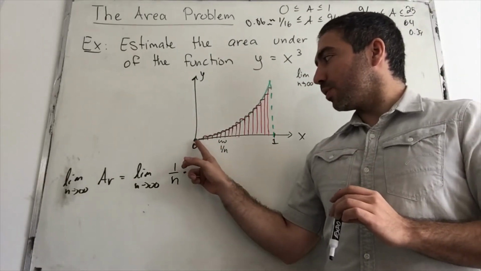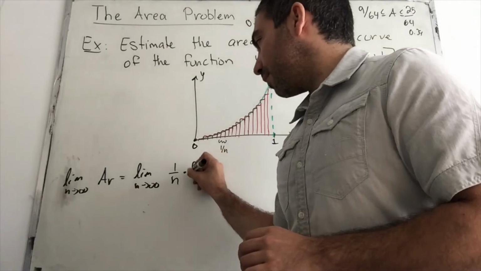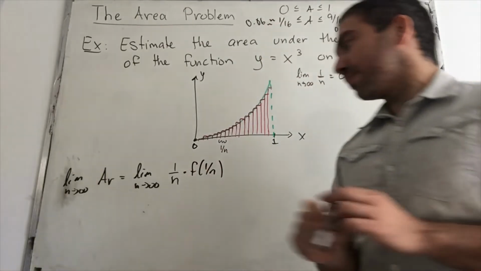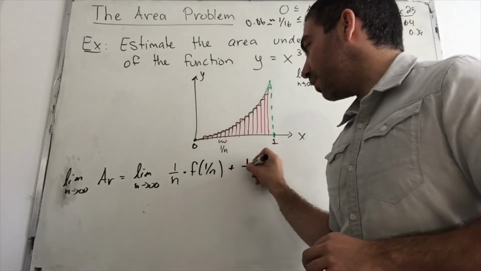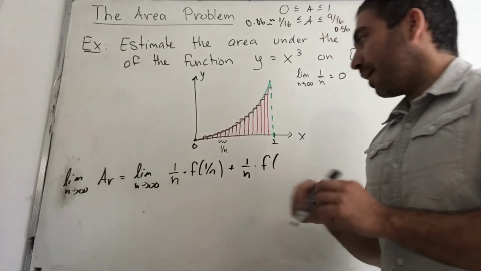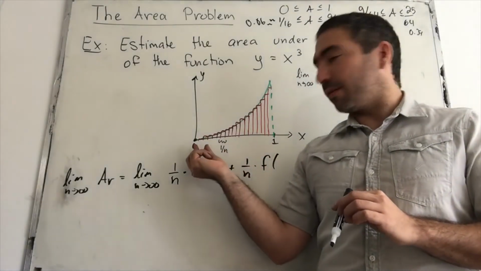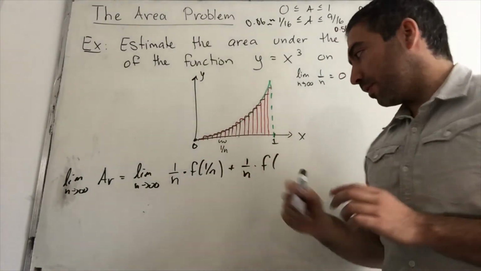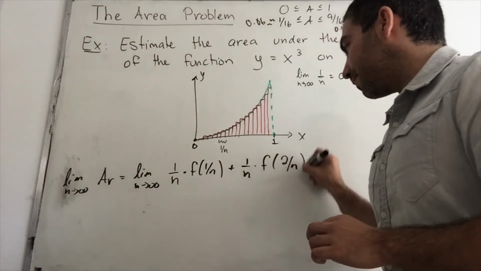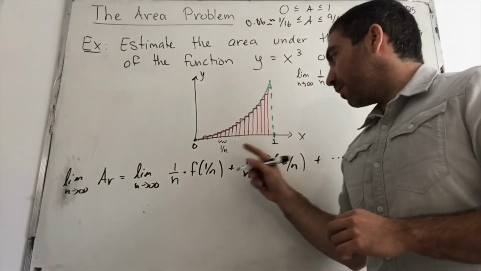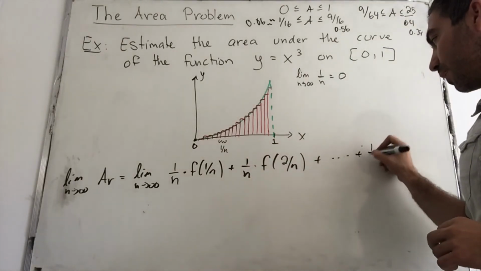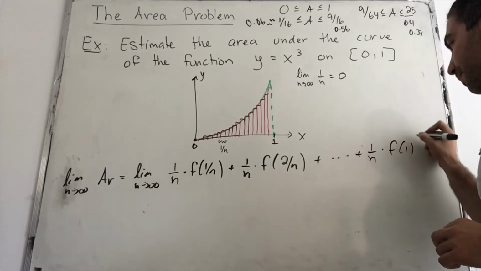Well, since we're doing the right endpoint, it's going to be f of 1 over n, right? Plus the next one is a width of 1 over n, and if you slide over by a length of 1 over n, you're now at 2 over n. So it's f of 2 over n, plus so on and so forth until we get to the end. So it's going to be plus 1 over n times f of 1.